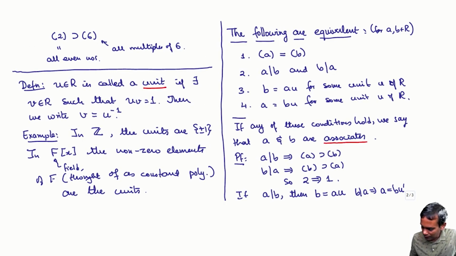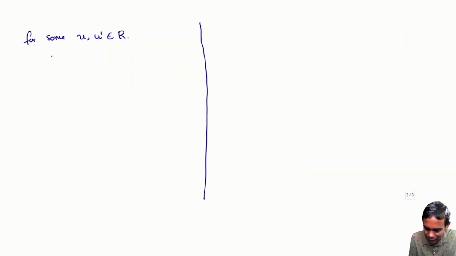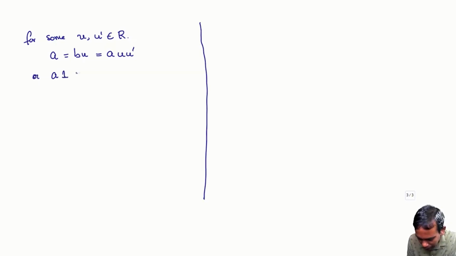Okay, so we have B is AU and A is BU prime. So we can write it as A is BU, but B is AU prime, so BUU prime, AUU prime. Or we can write this as A times 1 is A UU prime.